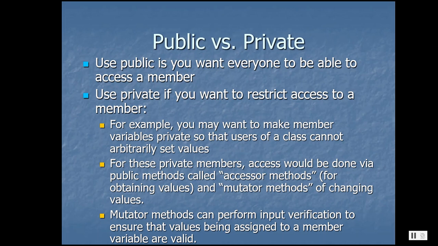Well, very often what you want to make private are the data members, the member variables, because we want to do something very similar to what we did in the database class, if you remember, when we talked about relational databases and trying to enforce data integrity.